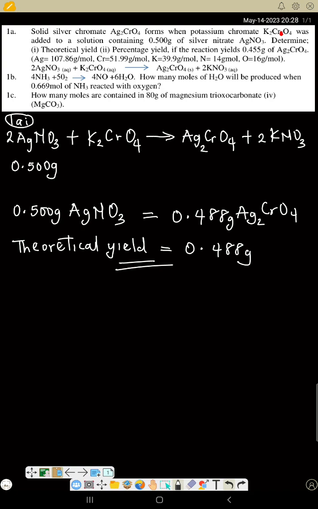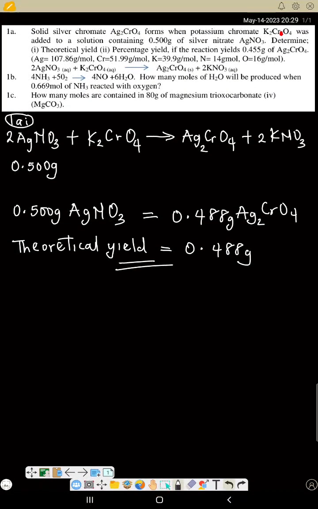The 1A2 asks for percentage yield. Note something in the calculation: in percentage yield, due to less purity of reactants or due to some side reactions, the yield of products is always less than the theoretical yield.